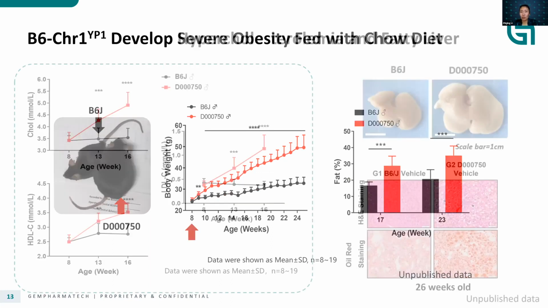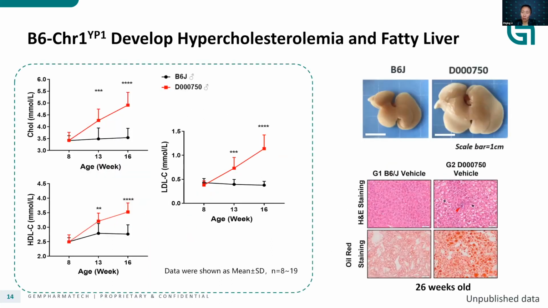So moving on to other metabolic parameters, first, they do have hypercholesterolemia, as shown here by cholesterol, LDL, HDL measurements. And then on the right side, you can see when these mice became adult, they have fatty liver, very obviously on the top right.